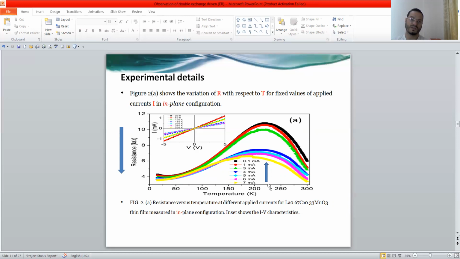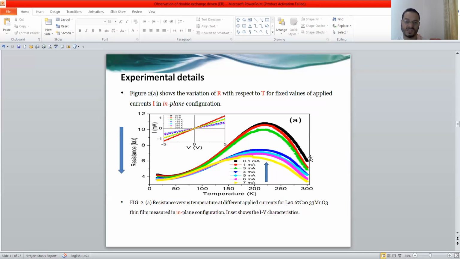It shows the variation of resistance with respect to temperature for a fixed value of applied current. That means here we study the relation between the resistance and temperature at a specific applied current.